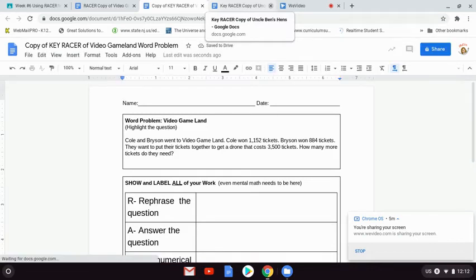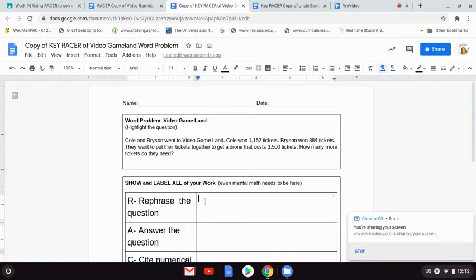Cole won 1,152 tickets. Bryson won 884 tickets. They want to put the tickets together to get a drone that costs 3,500 tickets. How many more tickets do they need? So the question is, Bryson and Cole need blank tickets to buy a drone.